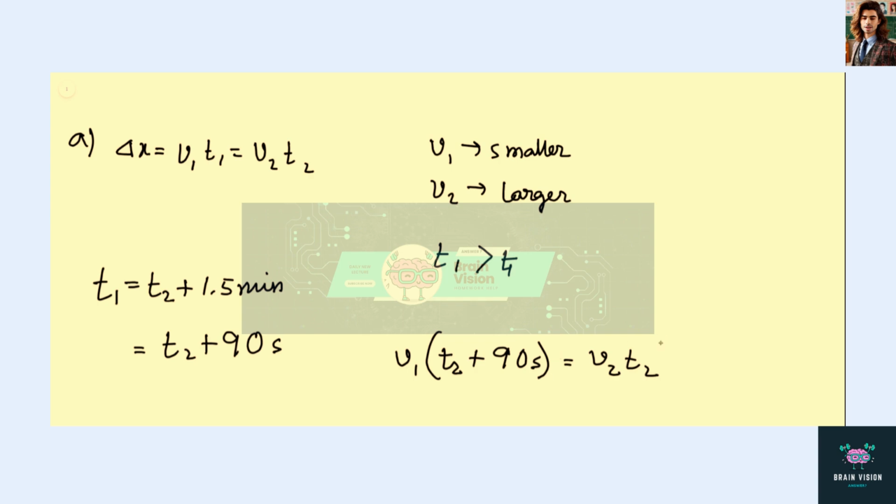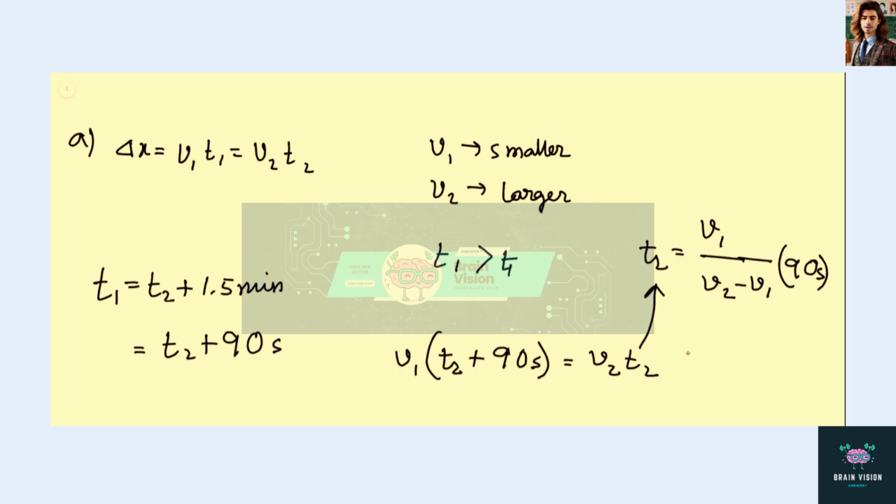So from there, we can solve for t2, and we see that t2 is equal to v1 over v2 minus v1 times 90 seconds.